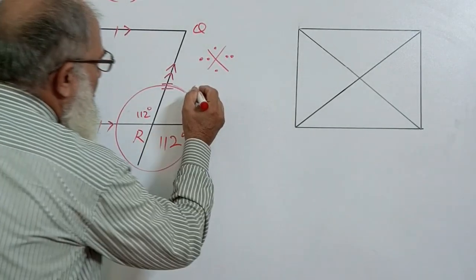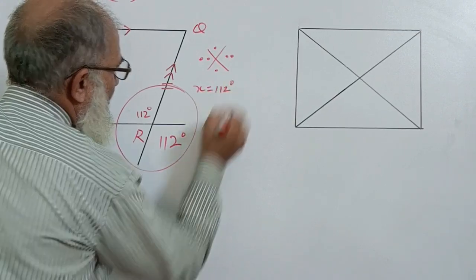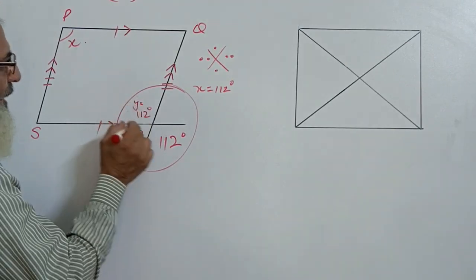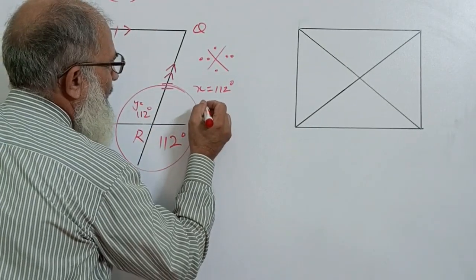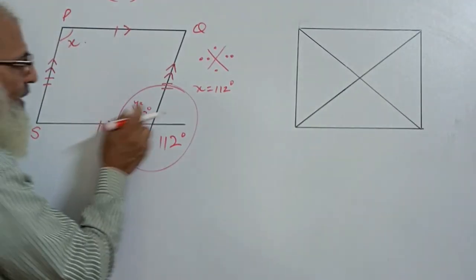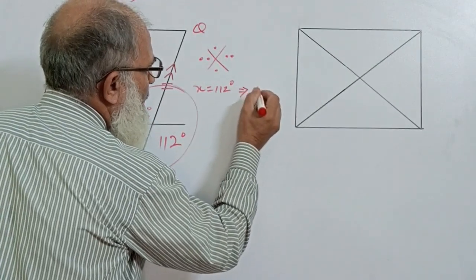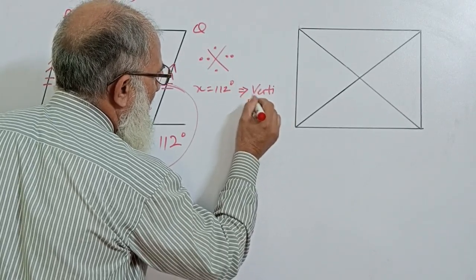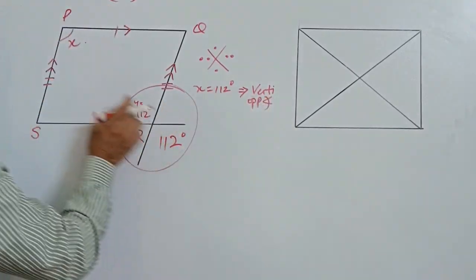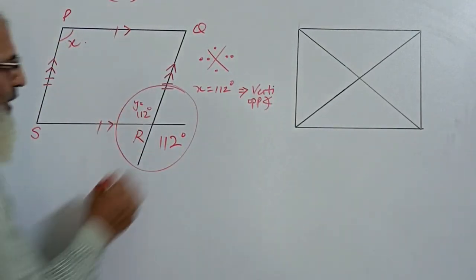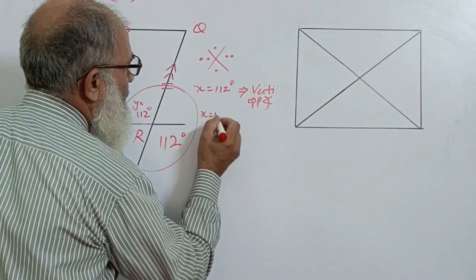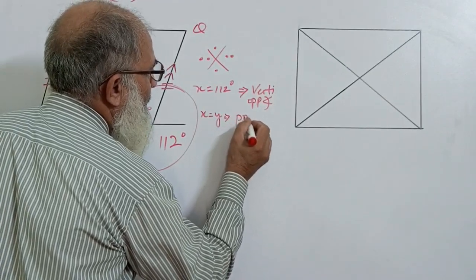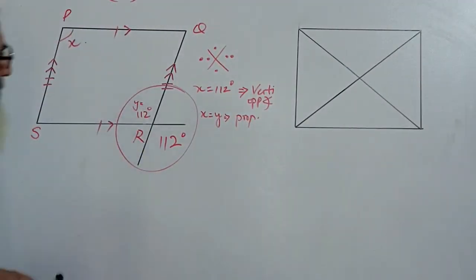Ultimately, x is 112 degree. Using this property, let me say y is equal to 112 degree. It is a vertically opposite angle, then this angle is equal to this, and this is the property: x is equal to y. Okay, now this has been solved.